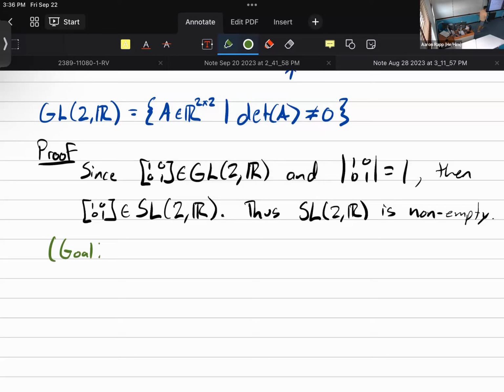We're trying to show that this SL set is forming a subgroup inside a bigger GL group. Find two elements from the smaller set and show the first element times the inverse of the second is in that set.